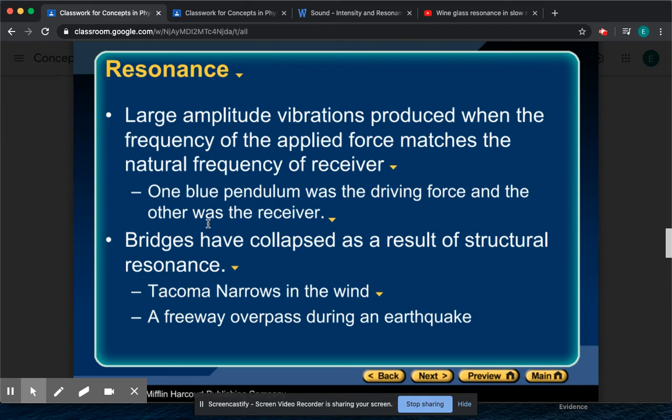Sounds are produced all the time with all different types of frequencies: cars driving, wind blowing, animals, everything. If it just so happens that a loud enough sound is made that matches the resonance frequency of the bridge specifically, it can cause the bridge to collapse.